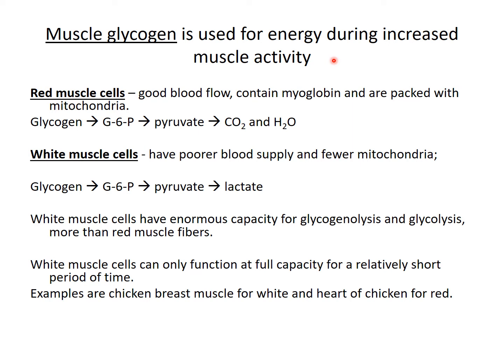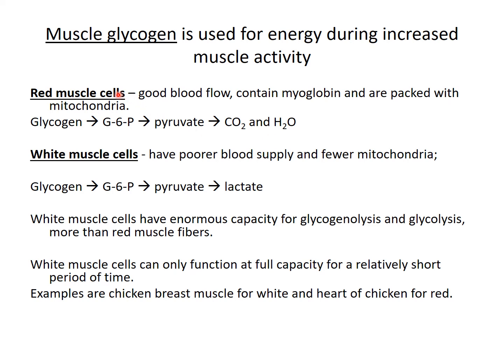So that's number one, really within a second you can get the ATP from there. But muscle glycogen liberation of glucose phosphate, putting them into glycolysis, can also generate ATP pretty quickly.